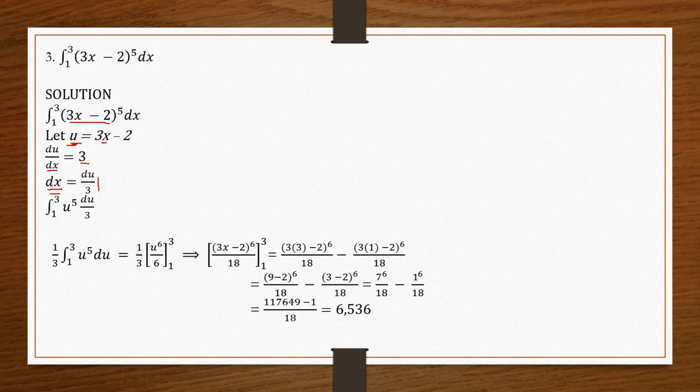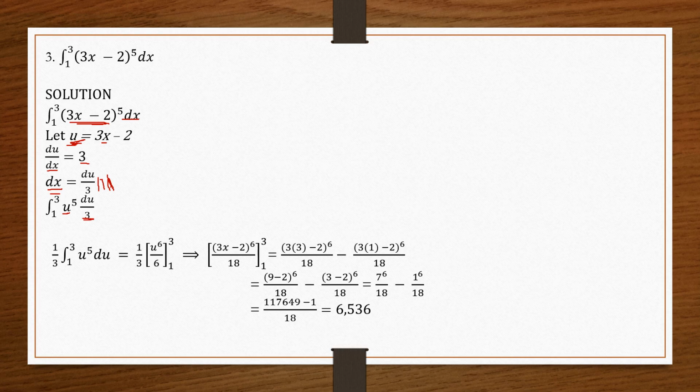The x is now u over 3. Now I will substitute u for 3x minus 2, and this is what I have here. Then substitute the u over 3 for the x, and that is why I'm having this.